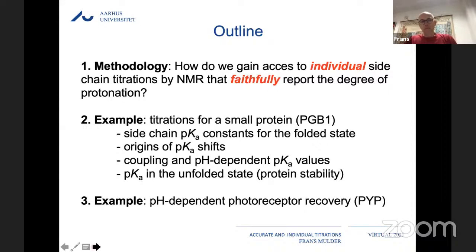And if there's time left, then I would also show a few things on photoactive yellow protein, which is a photoreceptor protein, which undergoes a photocycle, and this photocycle has a marked pH dependence.